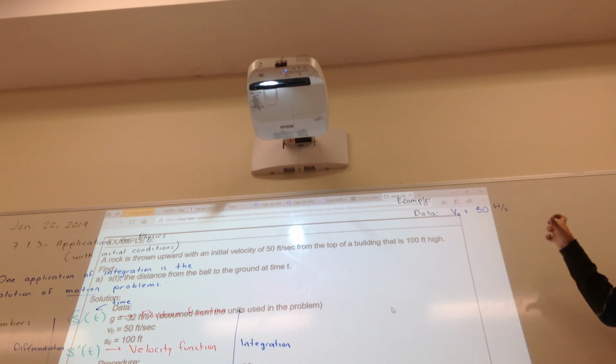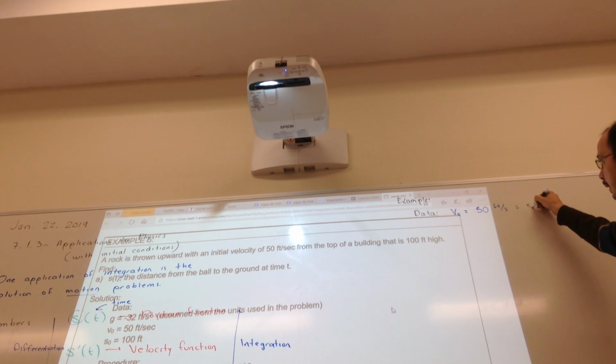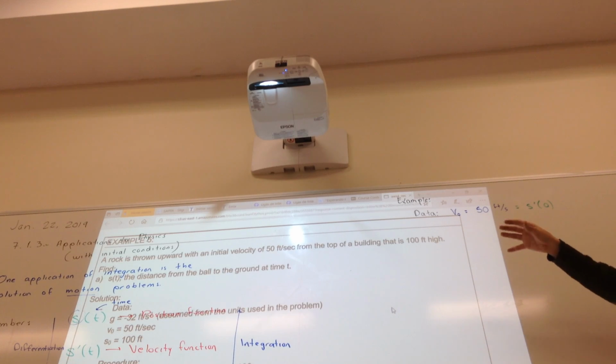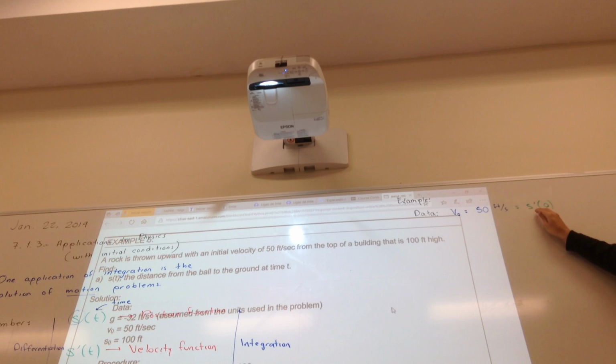How do I put it then? S prime of 0. Why? S prime of t is the velocity function, but this is a particular value. It represents the velocity when the time is 0. That is when the movement is going to start, right?